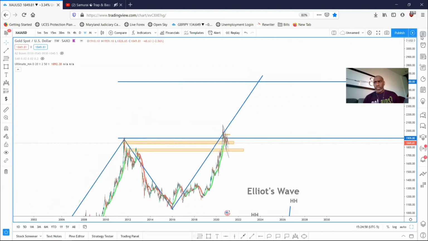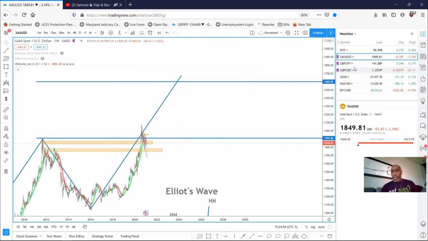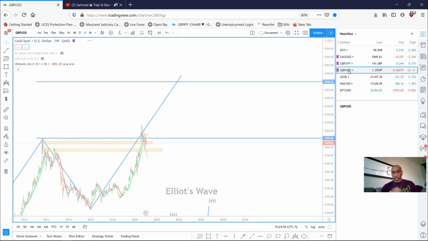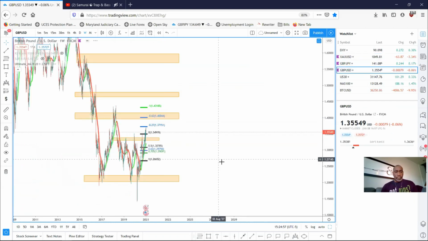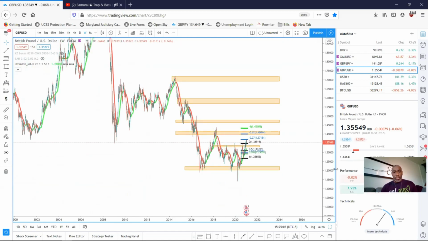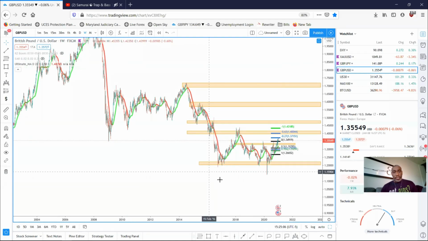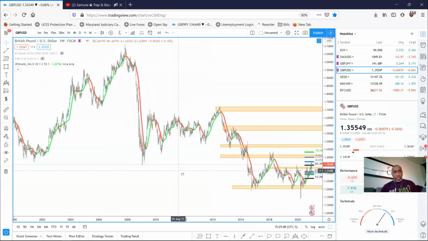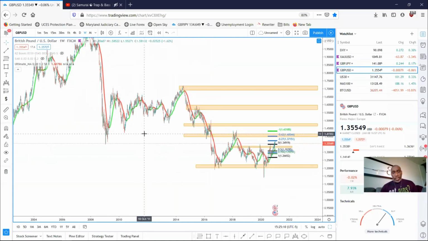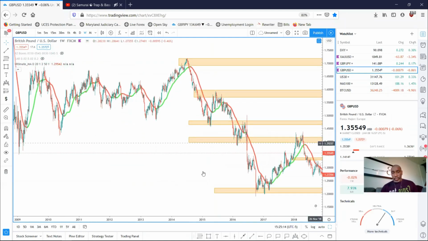Let me see if I can go over to my favorite pairs. Let's take a look at GU. Now, I've been playing around with GU for some time, but I also want you guys to see a lot of the patterns in the market. As a matter of fact, just look at this pattern here.